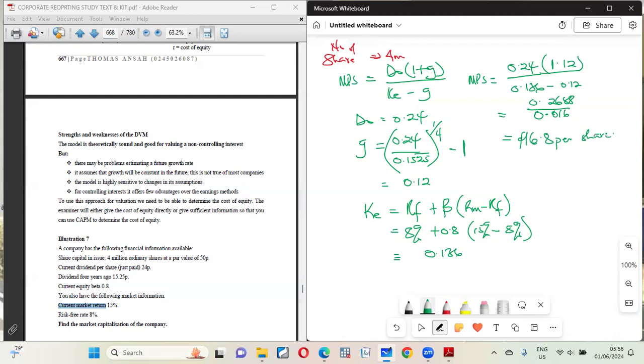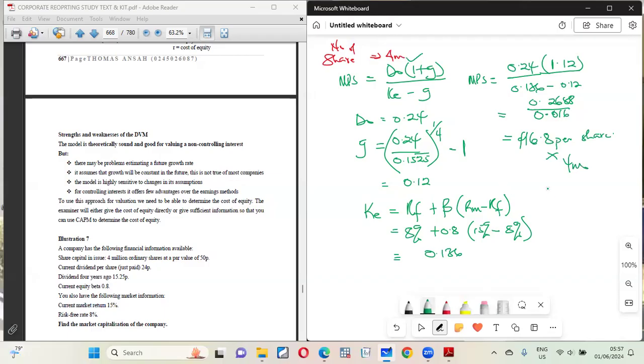Now, since the question said we should find the market capitalization, I told you market capitalization is the number of shares of the company multiplied by the price per share. We know the price per share is 16.8. What is the number of shares they have in issue? 4 million. So if I multiply this by 4 million, I get the total value of the company. All right.